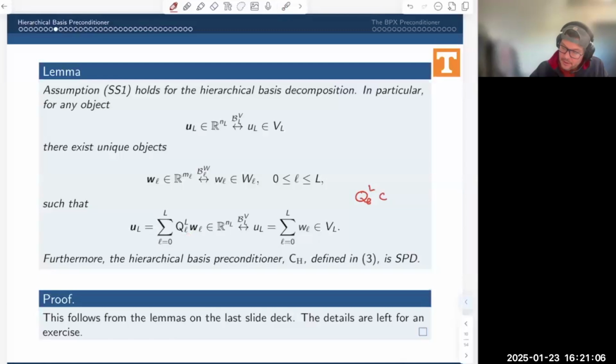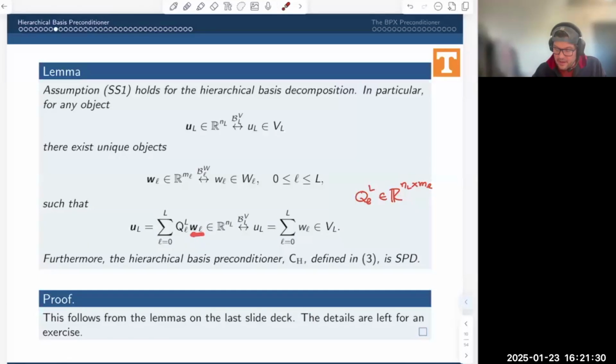Did I say that right? I think I said it wrong. It has n_L rows and m_l columns. So this number is much bigger than this number, so it's a tall and thin matrix.